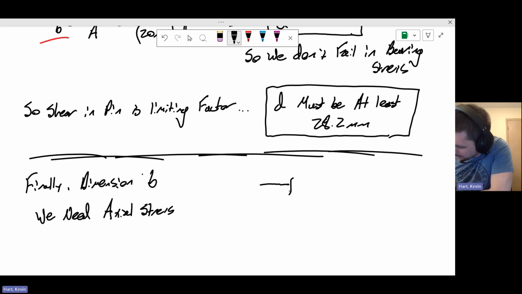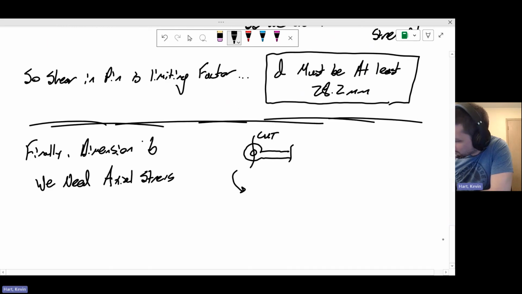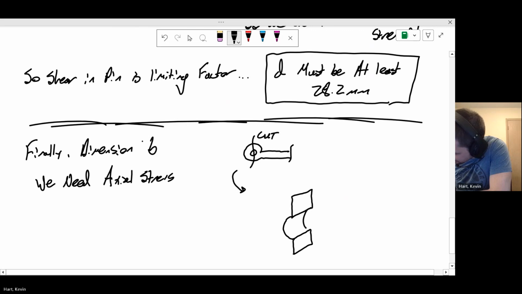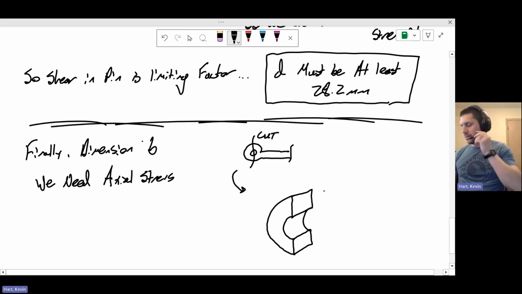So here I'm going to look at cutting right here and make a free body diagram in that three-dimensional landscape. It's kind of the same picture that I drew before. But now I can see my dimensions a little bit better.